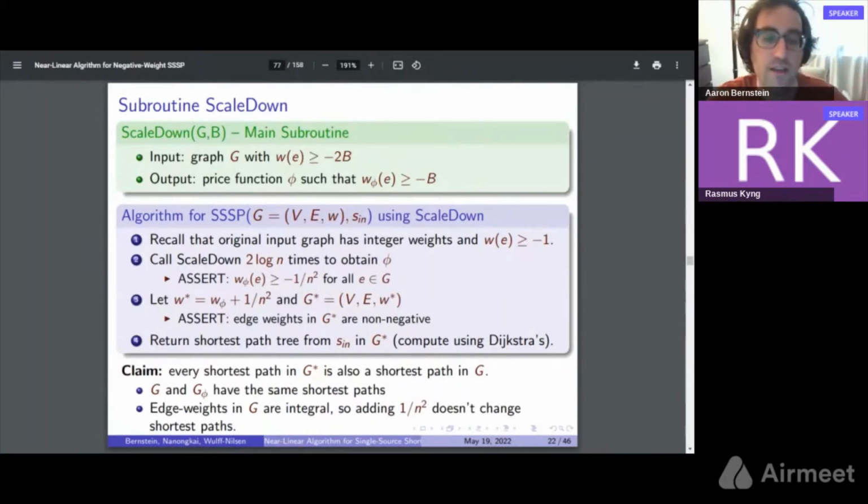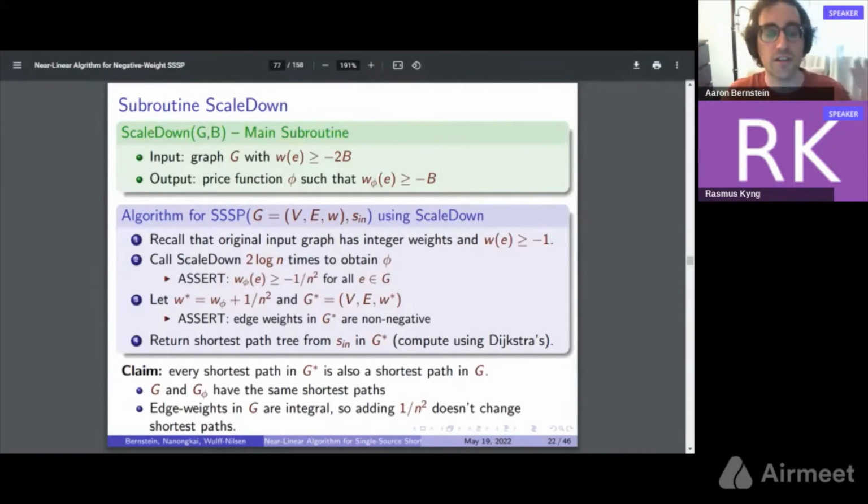Now we introduce this additive error of 1/n² to get to G star. But in the original graph, all of your distances are integral. So an additive error of 1/n² is never going to change the shortest path structure, because the total additive error on a path is going to be 1/n. So that's why shortest paths in G star are the same as shortest paths in G.